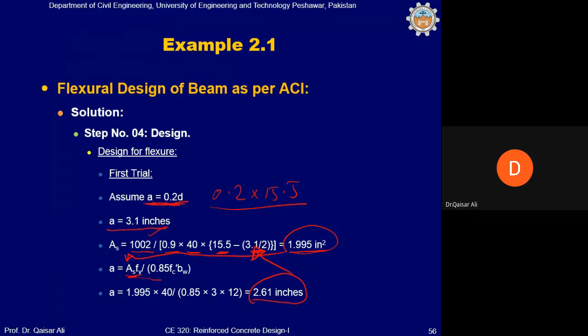Do trials, take your time, and tell me three things: the final value of As, As max, and As minimum. And also check whether As calculated is between As max and As minimum or not. Okay, please do this.